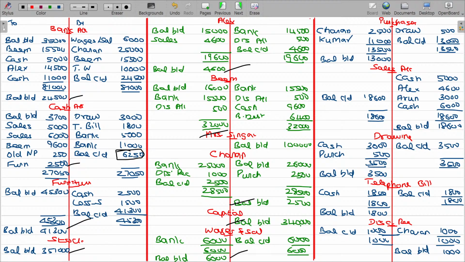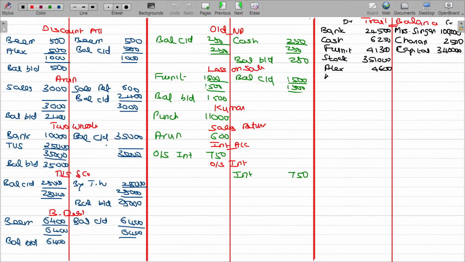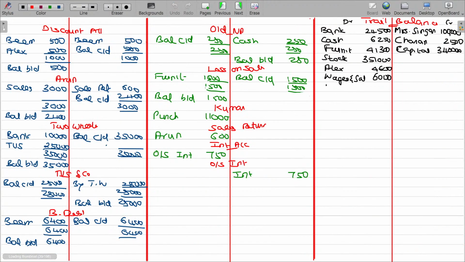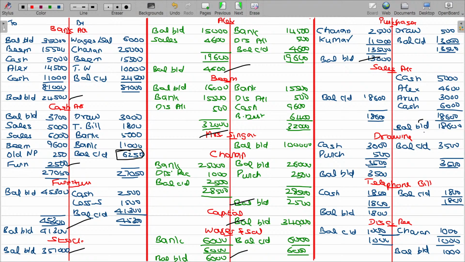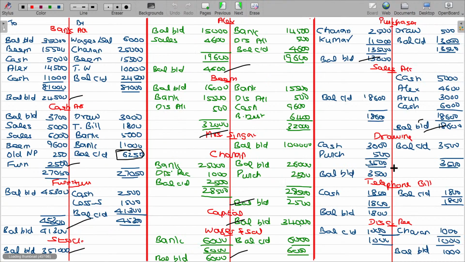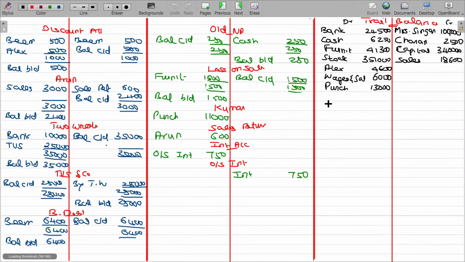And wages and salary debit balance 6,000. Purchases debit balance 13,000. I put the value on the debit side. Sales credit balance 18,600. Drawings debit balance 3,500.